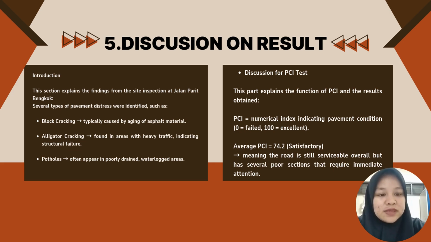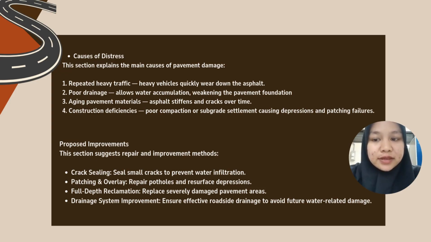Discussion for PCI test. PCI is a numerical value indicating road condition. 0 is failed, 100 is excellent. PCI values by section were shown. Average PCI was 74.2, satisfactory. Causes of distress.